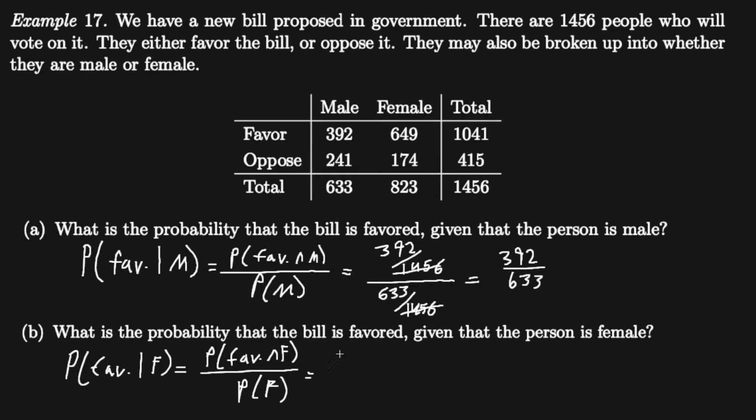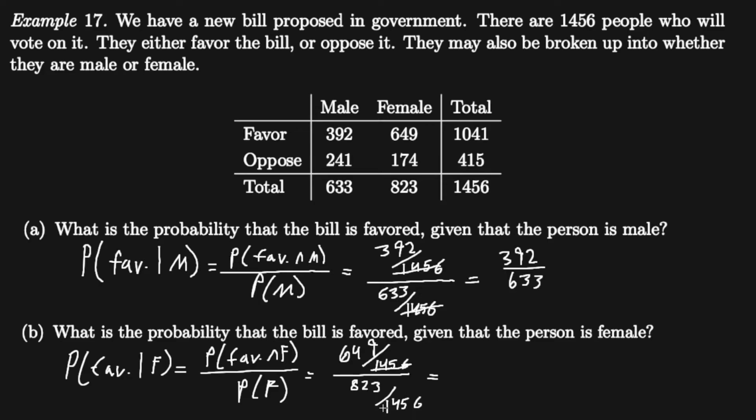Favored and female is 649 out of 1456, so we write 649 over 1456 right there. And the denominator is the probability of F, which is 823 over 1456.